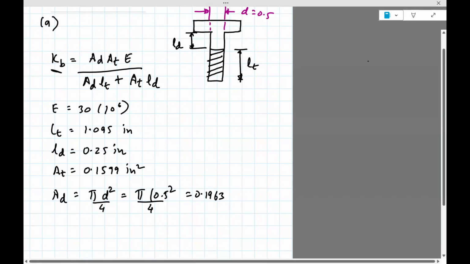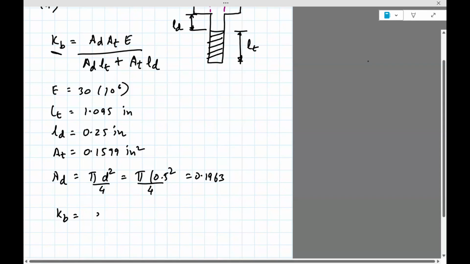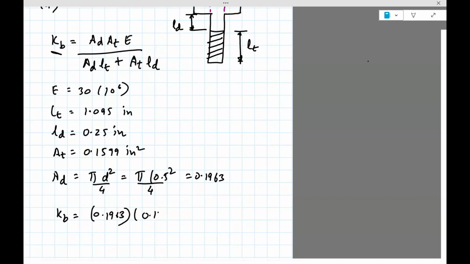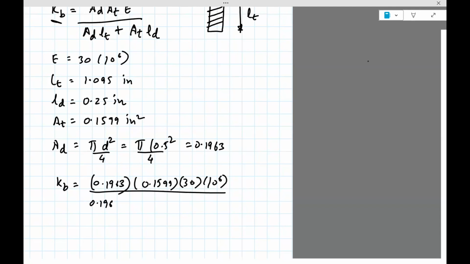I've put it all down. So KB comes out to be, if you want, I can write this down, 0.1963 times AT, which is 0.1599, times E, 30 times 10 raised to 6, divided by AD times LT, 1.095, plus AT, 0.1599, times LD, 0.25. Okay, just be careful. This is AT times LD, and AD times LT.